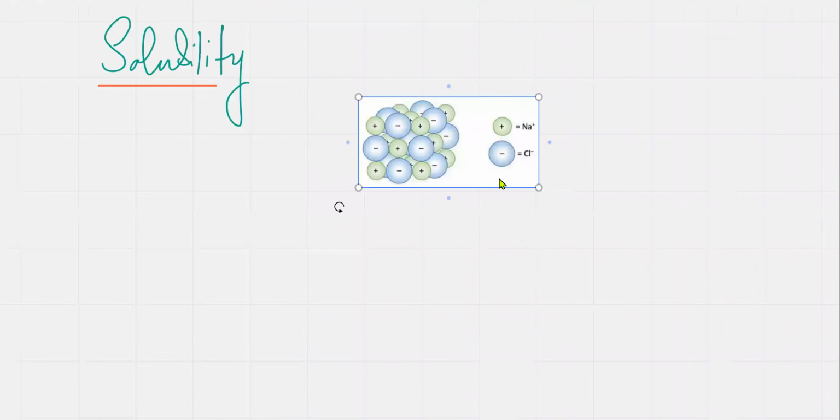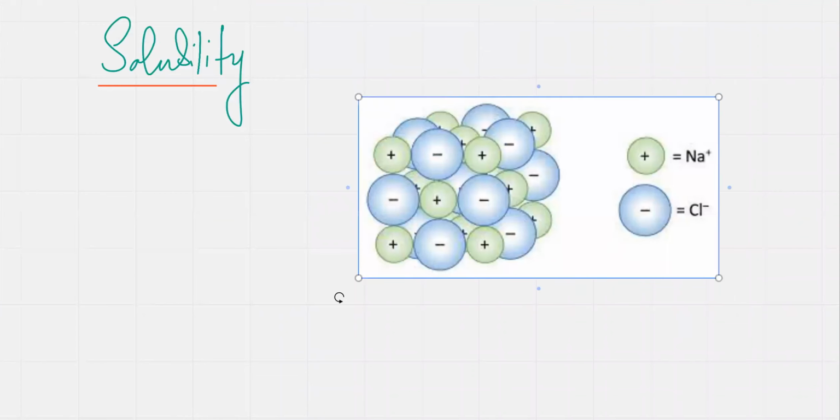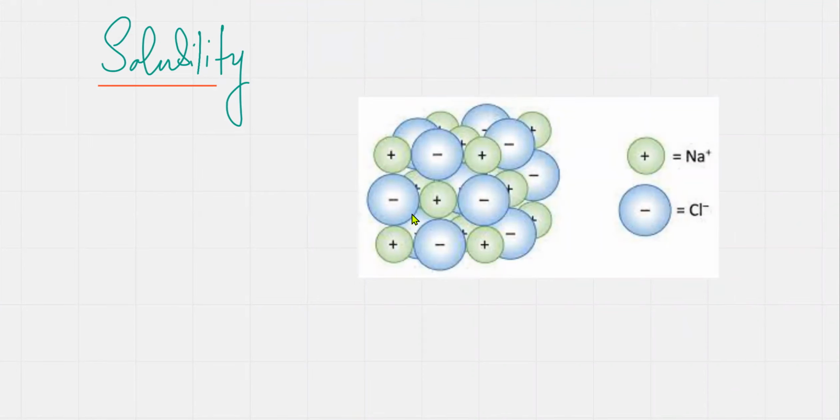So here's a typical giant ionic lattice. It's a bunch of positive and negative ions all sticking together, right? Alternatingly, a positive ion is attracted to a negative ion, which is attracted to a positive, and so on. So that's your normal table salt, that's your NaCl.